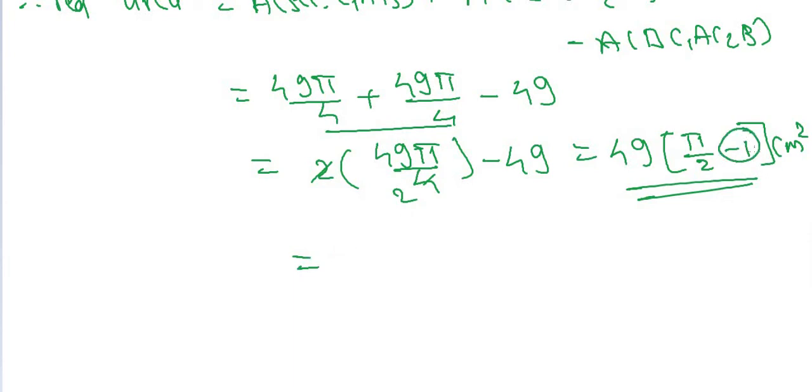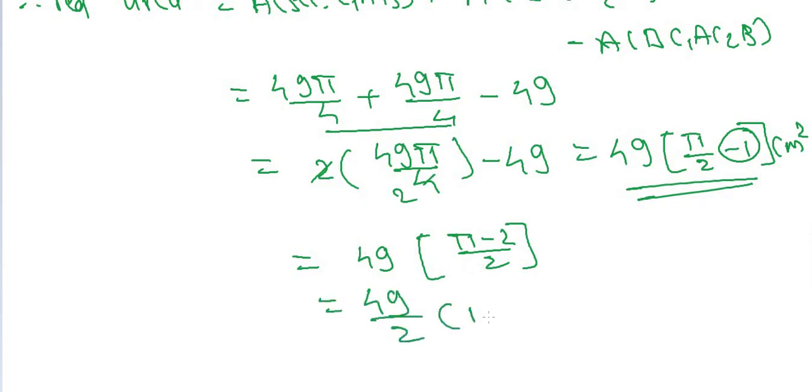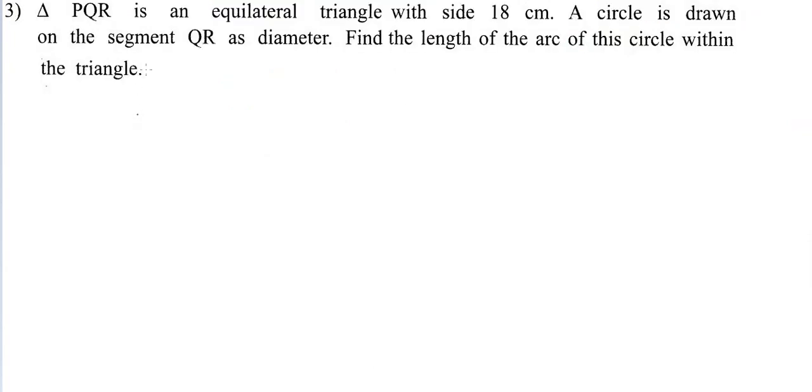Multiply and divide this 1 by 2, and so we get 49 into bracket pi minus 2 upon 2. Now pull that 2 outside the bracket, and finally we get the required area is 49 by 2 into bracket pi minus 2 centimeter square. Final answer.